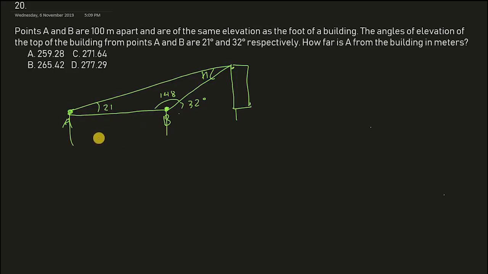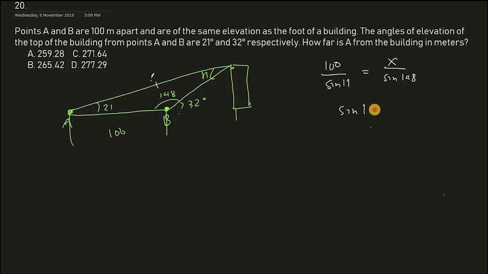So this guys, alam natin ng ano nito is 100, 'di ba? Sabi dito, the points A and B are apart 100 meters. So we can use sine law. Ito, meron siyang naka-ratio tong dalawang to. We are solving for this hypotenuse. So to solve for that, that would be equal to 100 over sine 11 is equal to x, that's the side we are finding for, over sine 148.